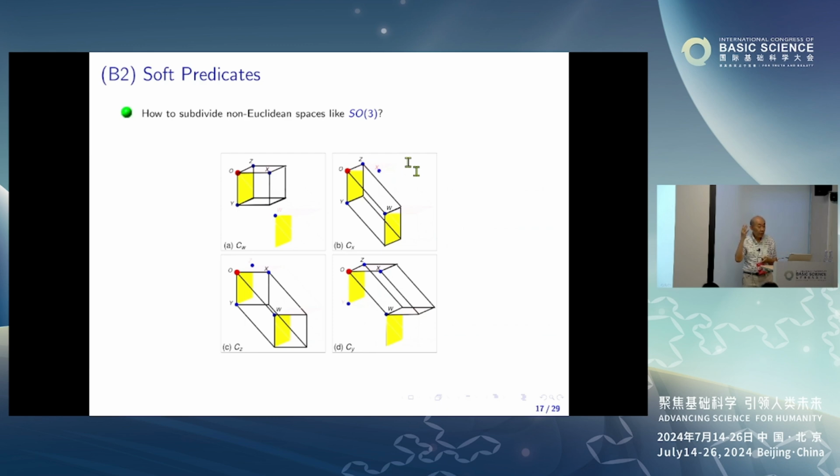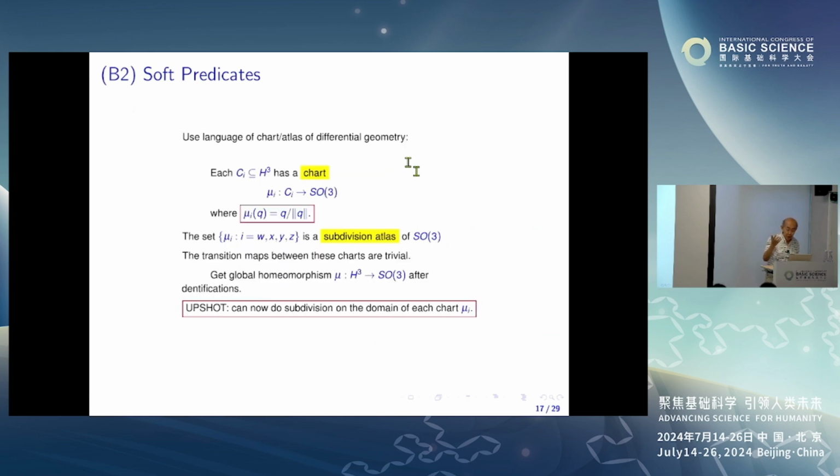So SO3 can be computed by looking at the adjacencies among these four cubes, and we have to deal with that. And then we have to produce a chart, a subdivision atlas, like in differential geometry, where you have charts and atlases. We have to figure out how to get information out of our subdivision.